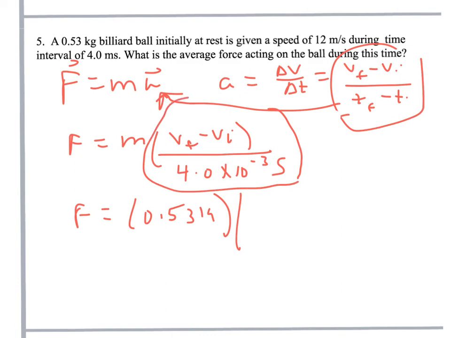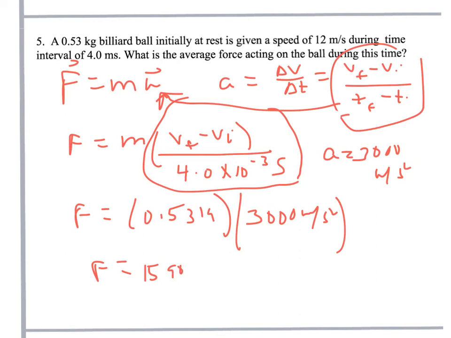The A value calculates to 3,000 meters per second squared. So we can put that right in here, 3,000 meters per second squared, and we get that the force equals 1,590 newtons, or rounding, 1.6 kilonewtons for that part.